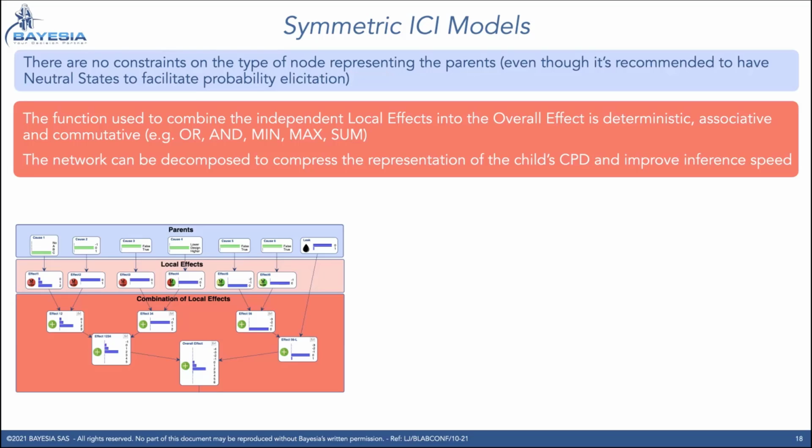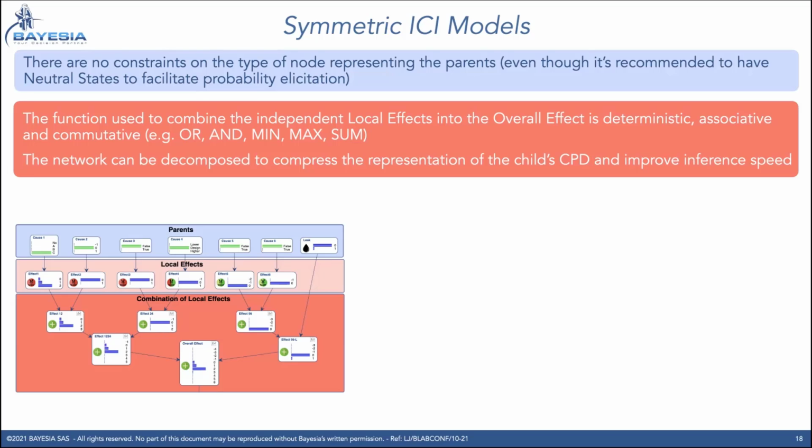We can use AND, we can use mean, we can use max, we can use the sum, right? And thanks to the fact that the functions are associative and commutative, we can easily divorce these nodes, and then we can reduce the size of the representation of the conditional probability distribution. So this will improve the inference speed too.